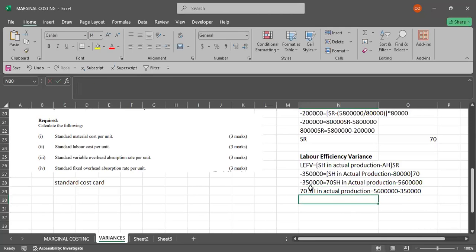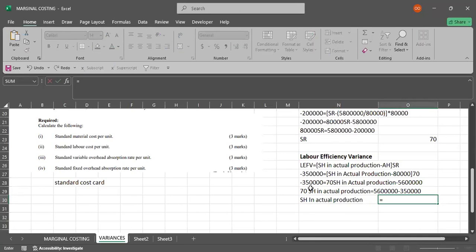Good. So let's now get our standard hours in actual production. Standard hours in actual production. What do we have? So it'll be talking about 5,600,000 minus 350,000. Then we divide by 70.